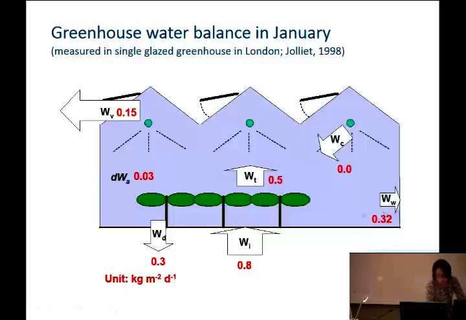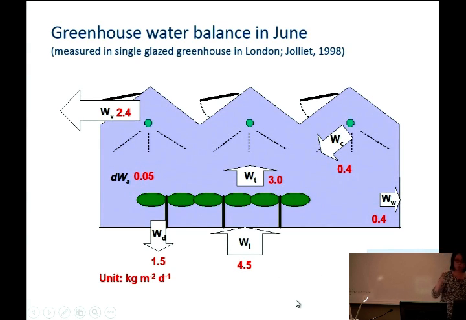And then you see in the next slide, the value is very different. This is summertime. This is winter time. The big difference is the water loss through the ventilation, and then also irrigation. So that's one example of the water balance in two different seasons.